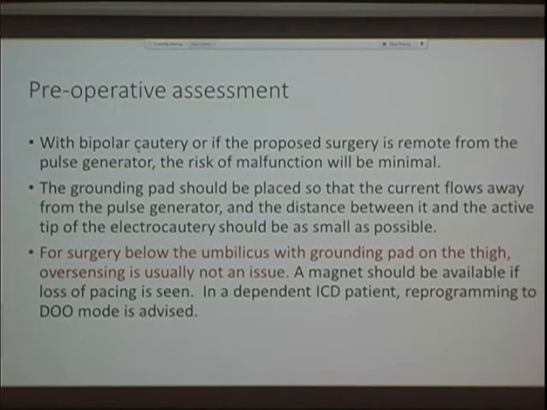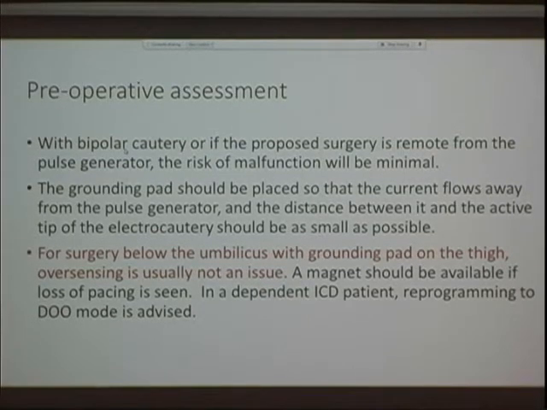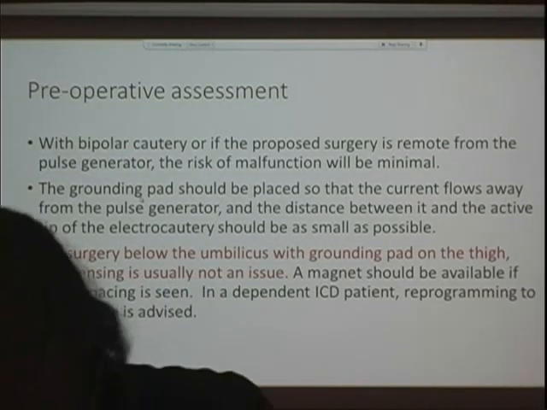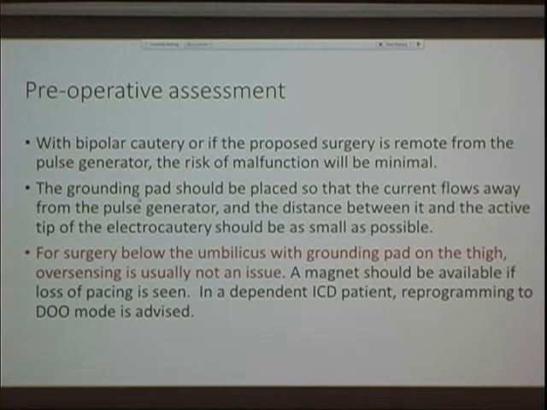With bipolar cautery, usually the noise is not an issue, but bipolar cautery is less effective, so less used. Monopolar cautery is mostly used. Here the key is that the grounding pad should be placed as close to the cautery site as possible, and as far away from the pacemaker or defibrillator site as possible, so that the current from the cautery to the grounding pad is not going to affect the pacemaker or the defibrillator.